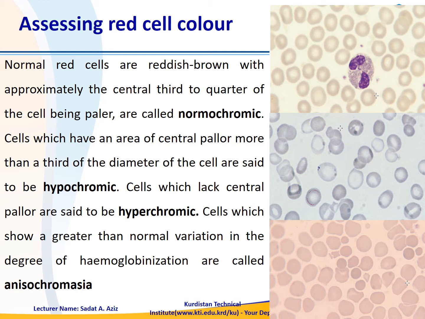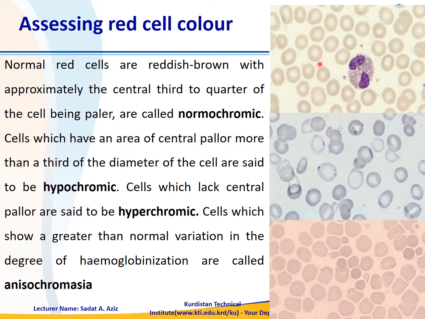So normal red cells are reddish brown in color, with approximately the central third to quarter of the cell being paler. So when you have such cells, they can be defined as normochromic. Normochromic means they have a normal hemoglobin concentration.